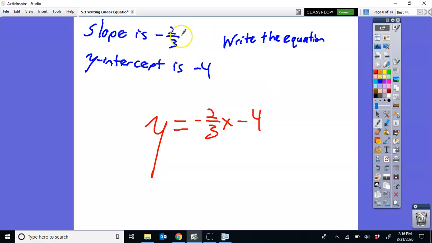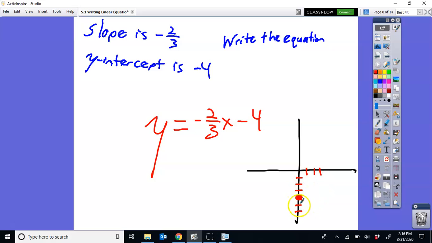So my slope was -2/3. My y-intercept was -4. Now again, think about what that means graphically. I'm not going to make you graph all of these or anything, but think about what that means graphically. That means -4 or down 4 spaces is my beginning point, my y-intercept there. My slope is -2/3, so I would go down 2 and then over 3.